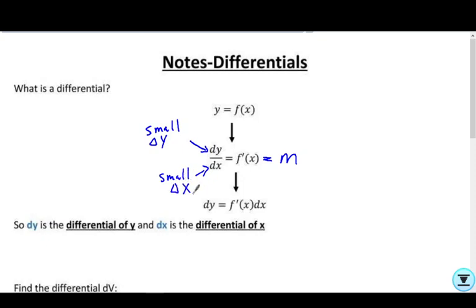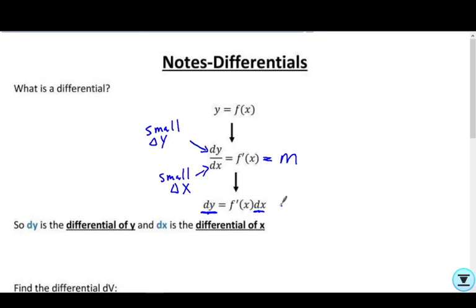But when we talk about the differential, specifically dy is the differential of y and dx is the differential of x. So dy over dx is a small change in y over a small change in x. But what if I only want to find how y is changing as x is changing? That's what this equation tells me: based on how my x is changing, this is specifically how my y is changing.